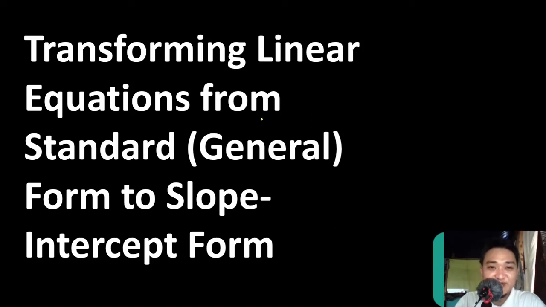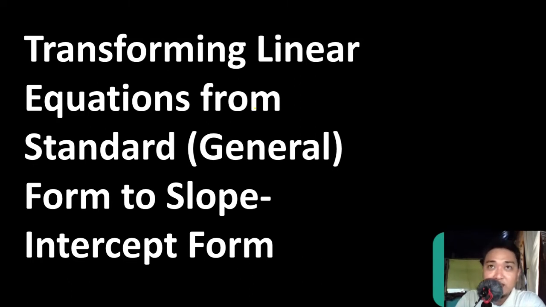Once again, this is your teacher Daniel, and today, i-share ko naman sa inyo on how to transform linear equations from standard o yung tinatawag nating general form to slope-intercept form. Ang objective natin dito, tandaan nyo lang, is to transform one form of equation to another form, and later on, we will try to see what will be the value of m o yung ating slope.